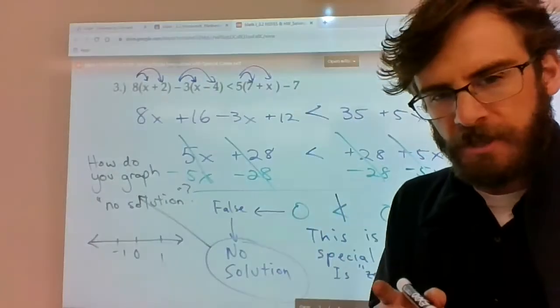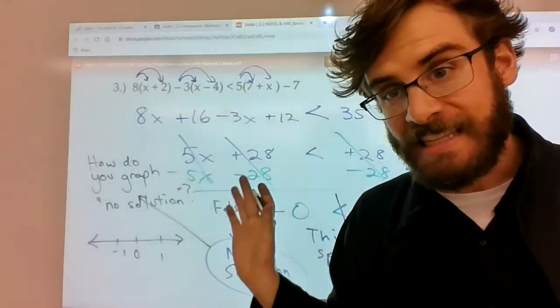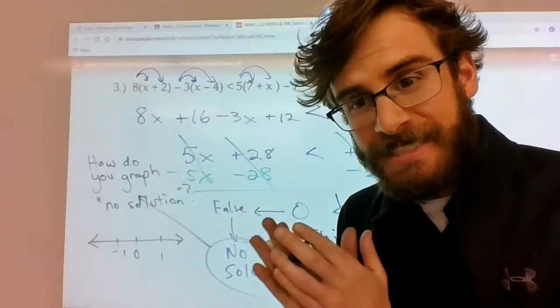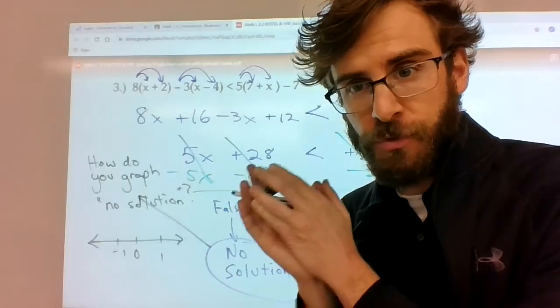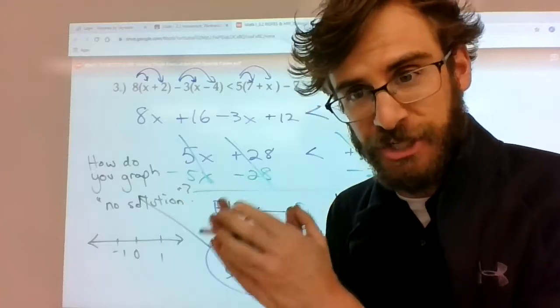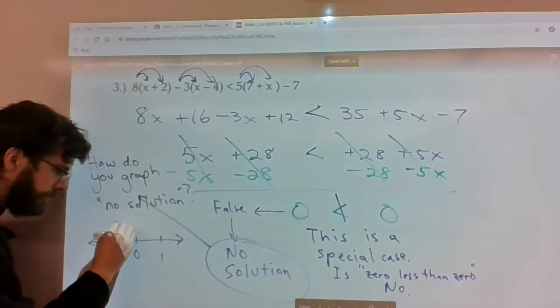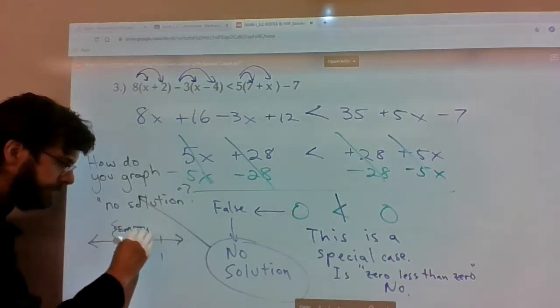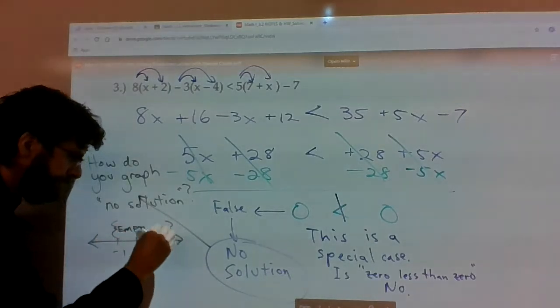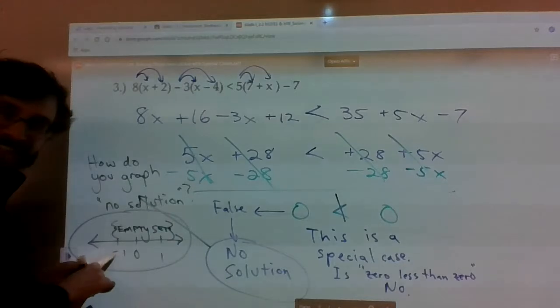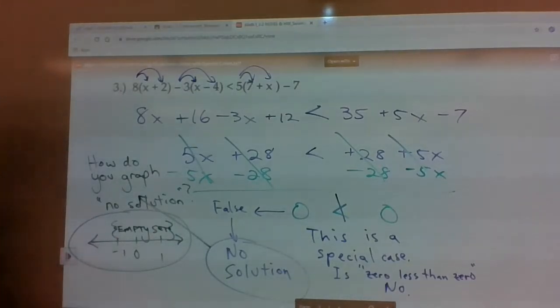So I draw a number line, and what I do is I leave it empty. I put empty set above it just to remind the reader that I intentionally left it empty. That's how you graph no solution.